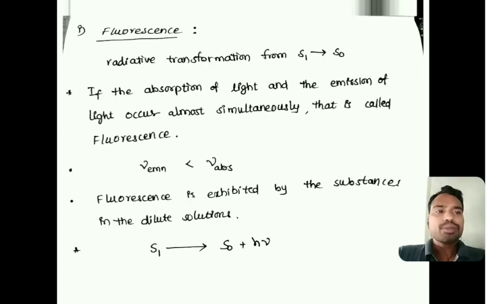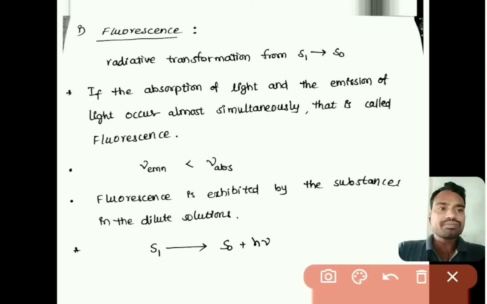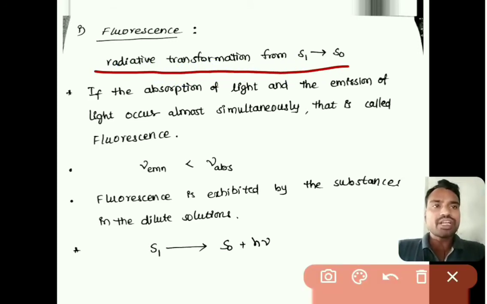Now we will see what fluorescence is. Here the radiative transformation between S1, that is the first singlet excited state, to the singlet ground state is called fluorescence. So what is happening between S1 and S0?